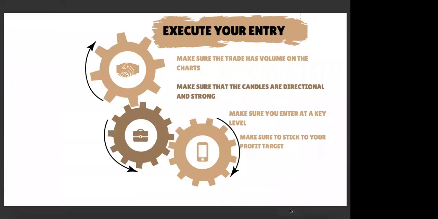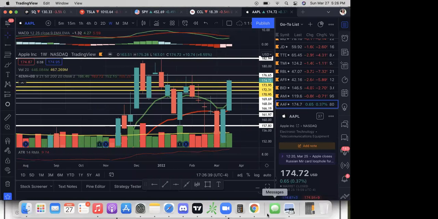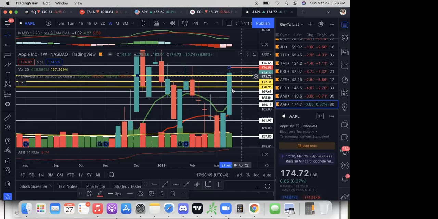And then from there, you want to make sure that you're entering in at a key level. I say this all the time. You do not want to be the person who enters into a trade near a wall. So for example, let's just say this is where I just decide to hop in at where I have this red line. Well, I know that this next level right here at 176.75 is essentially a resistance.